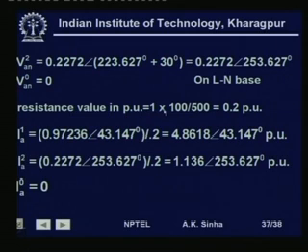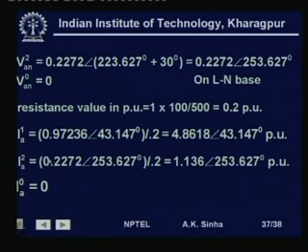Resistance value in per unit can be calculated: since we have been given 500 and we have to calculate it on 100, it comes out to be 0.2 per unit. Therefore, we can calculate IA1, which will be nothing but VA1 divided by the resistance, and this comes out to 4.8618 angle 43.170 per unit.